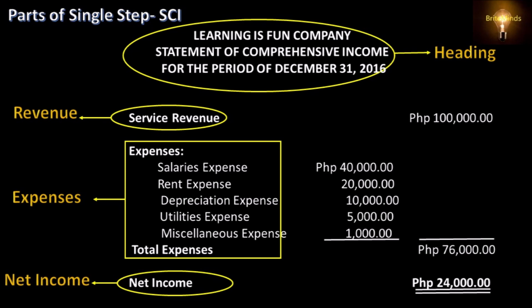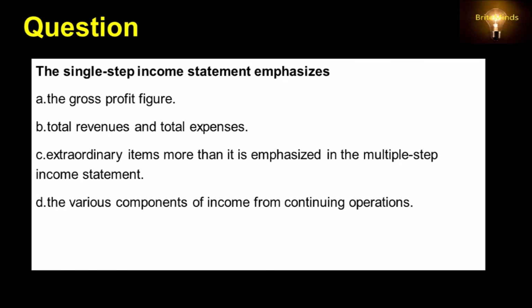I have here a question. The single-step income statement emphasizes: A, the gross profit figure; B, total revenues and total expenses; C, extraordinary items more than it is emphasized in the multi-step income statement; or D, the various components of income from continuing operations.